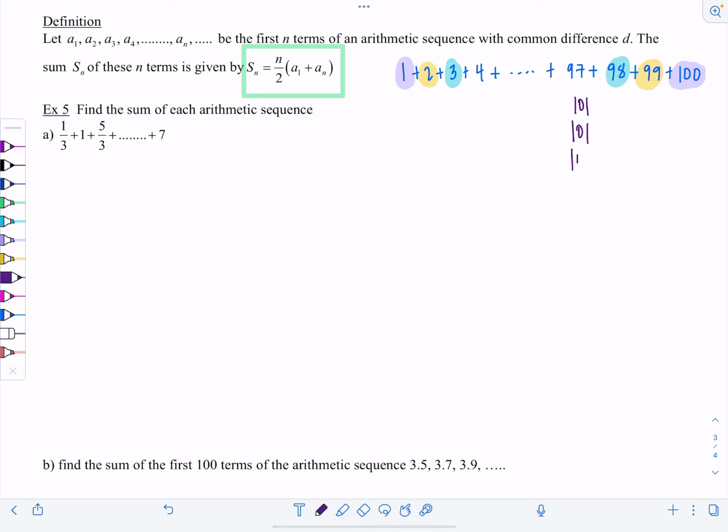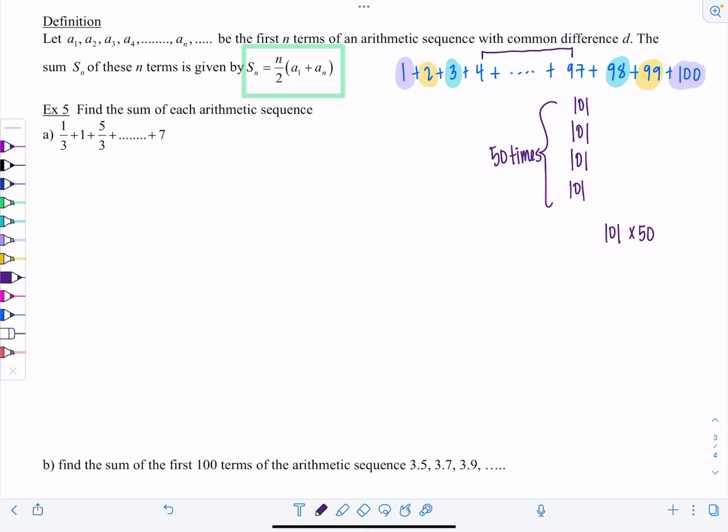Again, 101. And so on and so forth. How many 101s do you have? Well, you're adding up all the numbers from 1 to 100, so you can make half that many pairs, right? So you would take this, 101, you have this 50 times. So you would do 101 times 50, and that gives you the sum of all of the numbers from 1 to 100. And that's where this rule comes from.